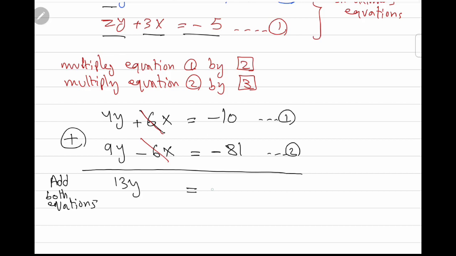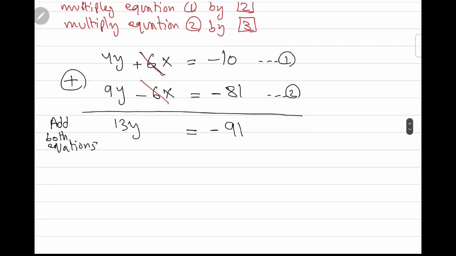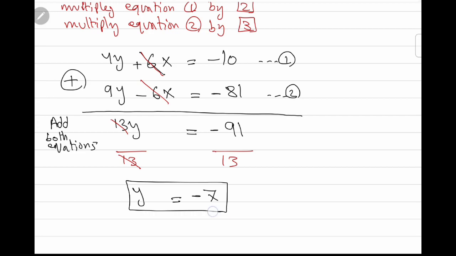So minus 10 minus 81, that's minus 91. So now we have this equation. What you will do is divide both sides by 13, and this cancels out, and then I will have y equal to minus 91 divided by 13, which is minus 7. Now that's the y coordinate.